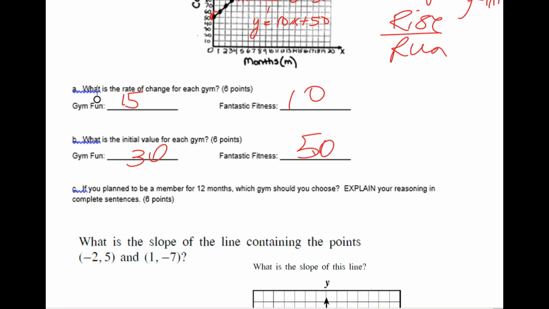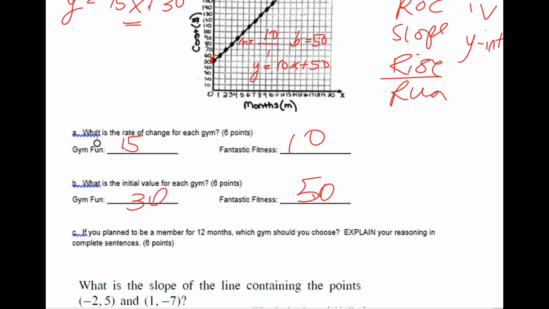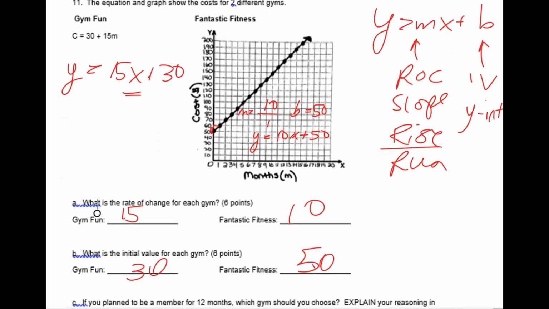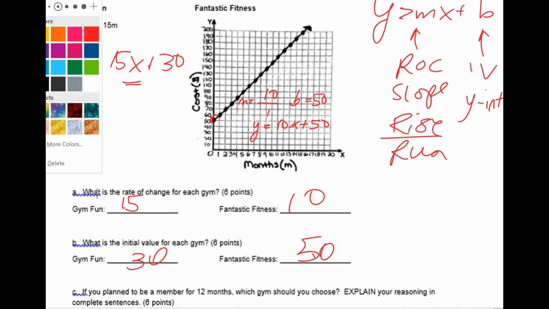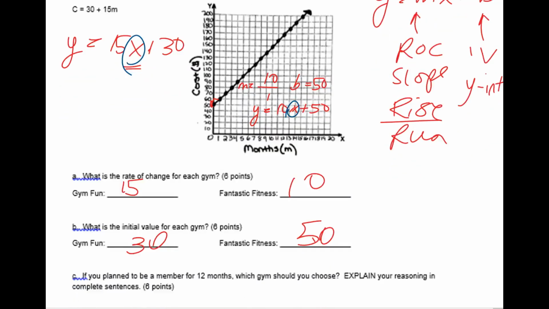So you have two equations. All you have to do is put 12 here and put 12 here and see which one is cheaper. Yay! Moving on.